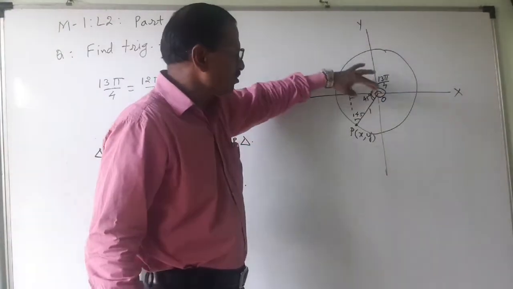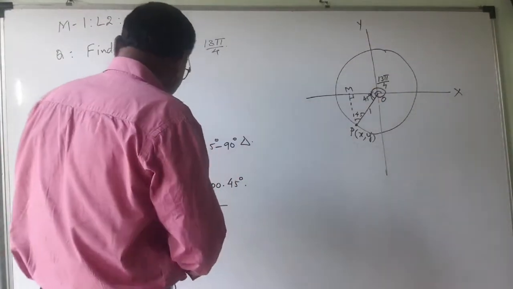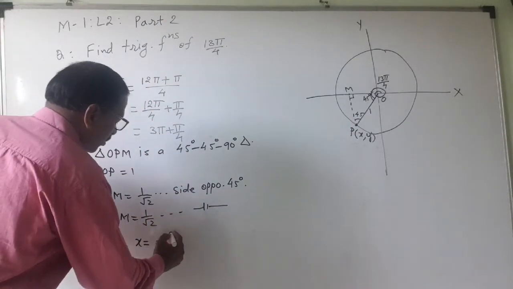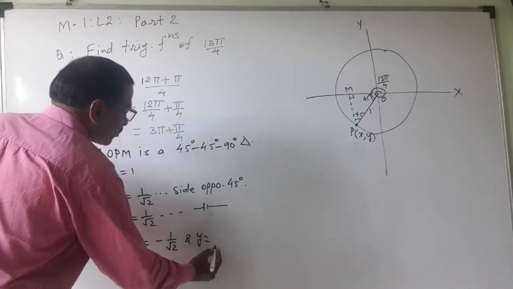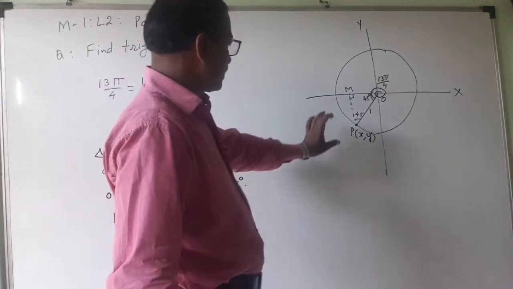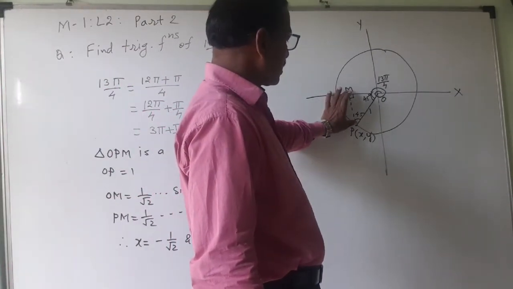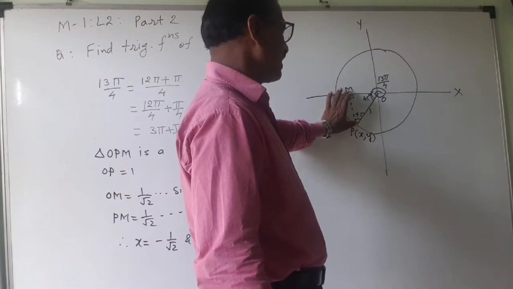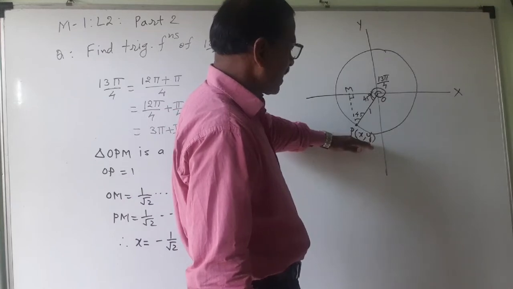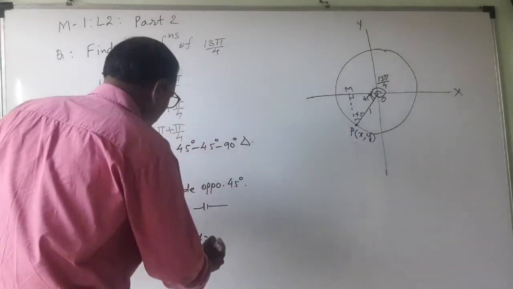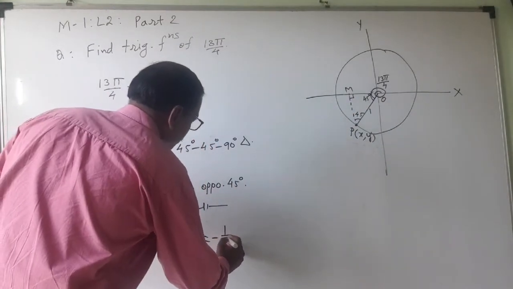But now I have to consider the sign. Here x is negative, minus 1 upon root 2. And y is this distance. This is also in the third quadrant, so it is negative. Here onwards, y is negative. So this will also be minus 1 upon root 2.